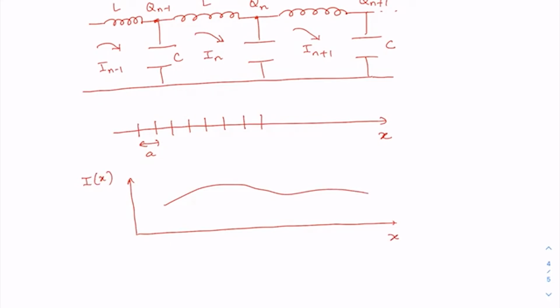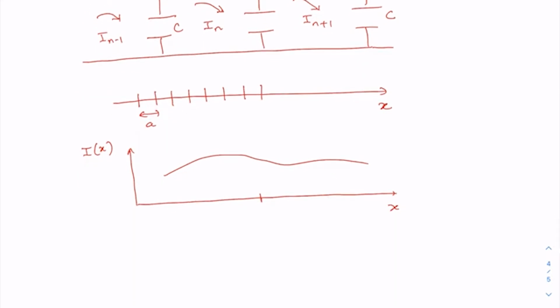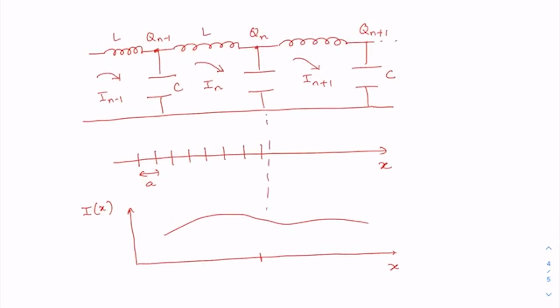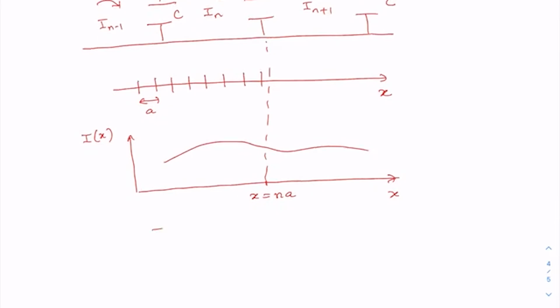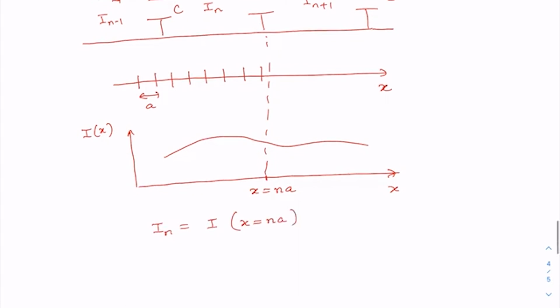If I am interested in the current at the nth node, at this particular point, that refers to x equal to n times a, and the current at the nth node is simply the current measured at the point x equal to na.